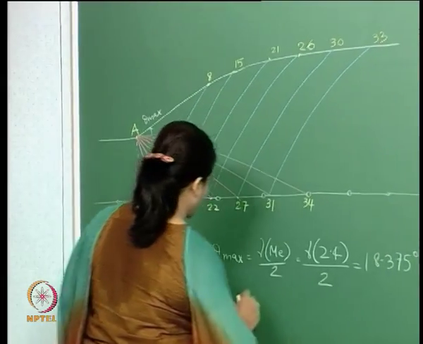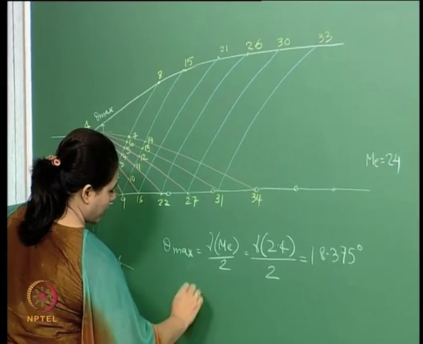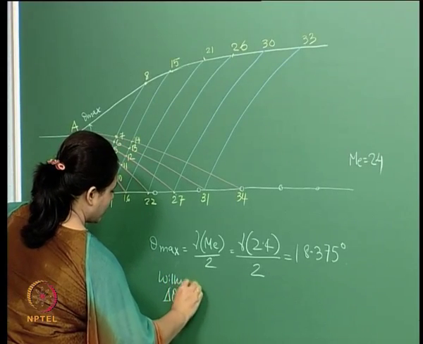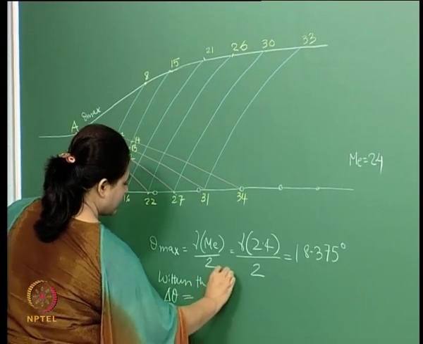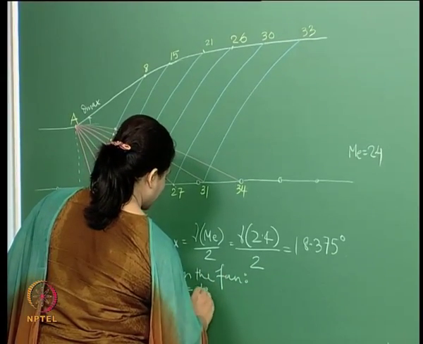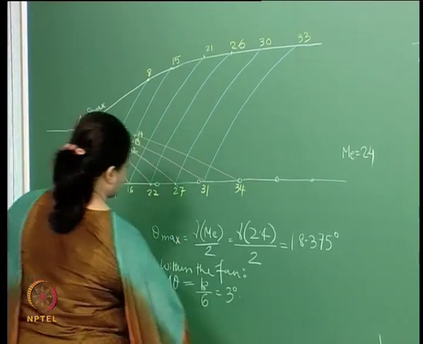So within the fan, delta theta is 18 by 6 degrees.